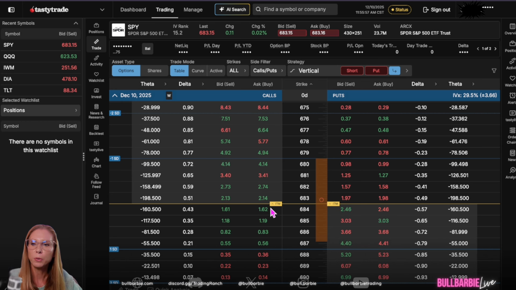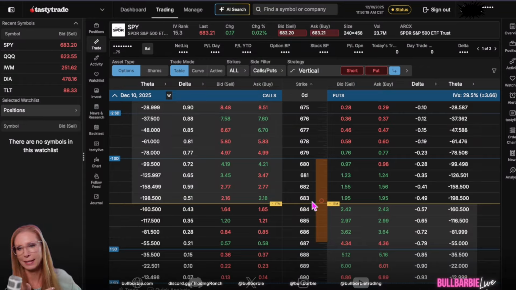Wherever the price for the underlying is, and we just looked up SPY, now it's at 684, there's going to be something that's at the money, in the money, and out of the money. At the money is basically going to be the closest to where the actual underlying price is right now. Now it's back down to 683. So that's why we're right in this range here.